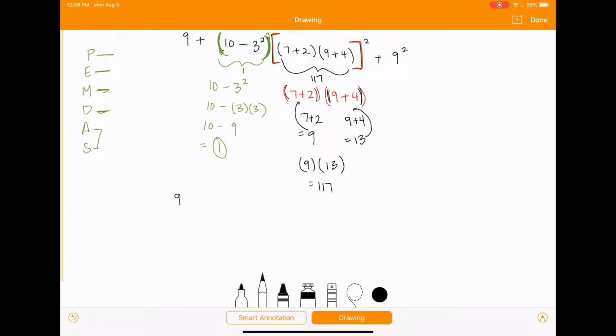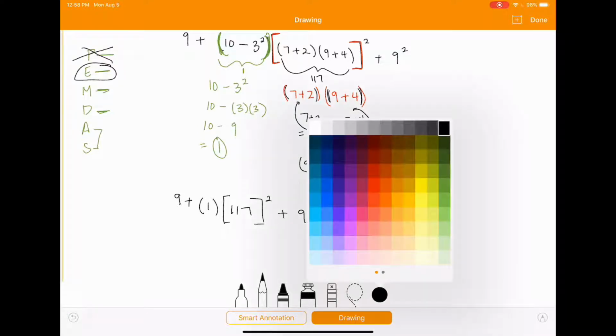So we've got 9 plus our first set of parentheses. We found the answer to be 1. And then our second set of parentheses we found is equal to 117, and that's squared plus 9 squared. All right, so now we come back to our order of operations. We've taken care of all of our parentheses. So now we can go ahead and move on to our exponents, of which we have two different ones.